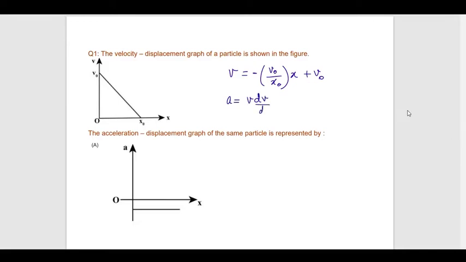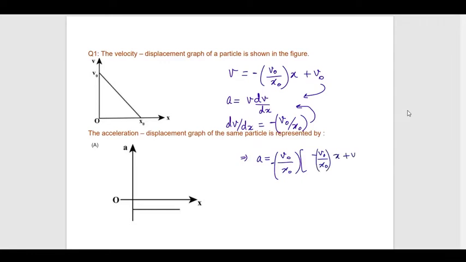a equals v dv by dx. So basically, the value of dv by dx will be equal to minus v naught by x naught. You can observe it from here. And if we put the value of v and dv in this equation, we will get the value of acceleration as minus v naught by x naught times minus v naught by x naught times x plus v naught.